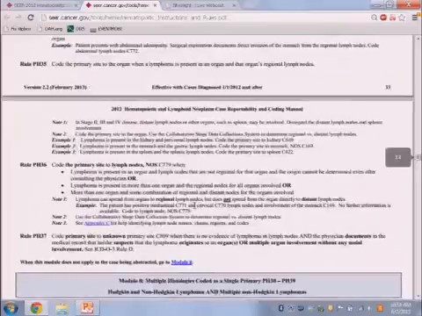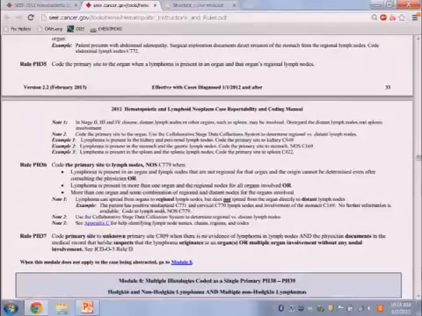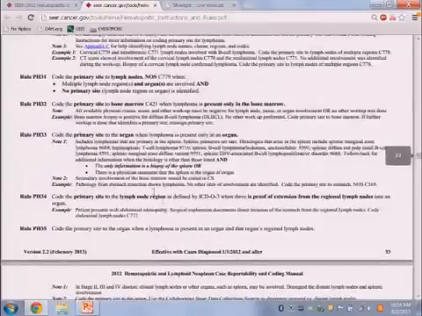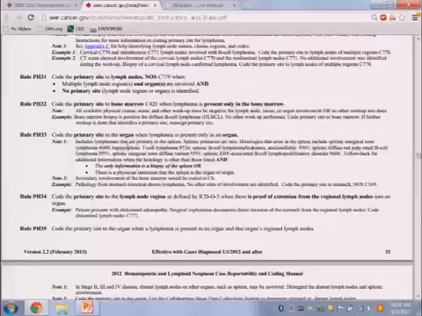Well, there's actually a lot of different notes. So basically, these are saying code the primary site to the organ when the lymphoma is present only in one organ. So we're looking at PH33, which would actually give us a more direct answer. The module note could say see PH33, which would be more helpful. But it's telling us that we would code this to breast.